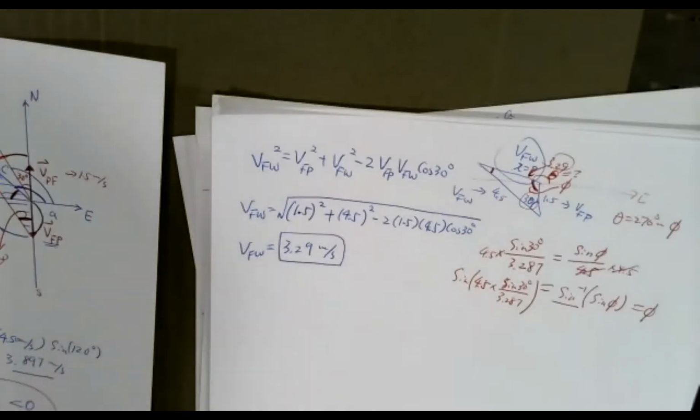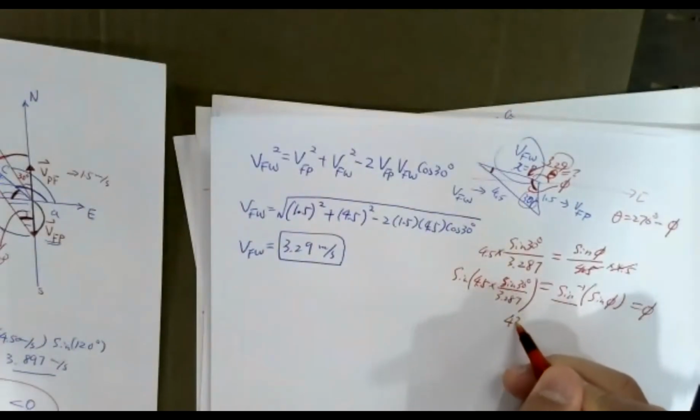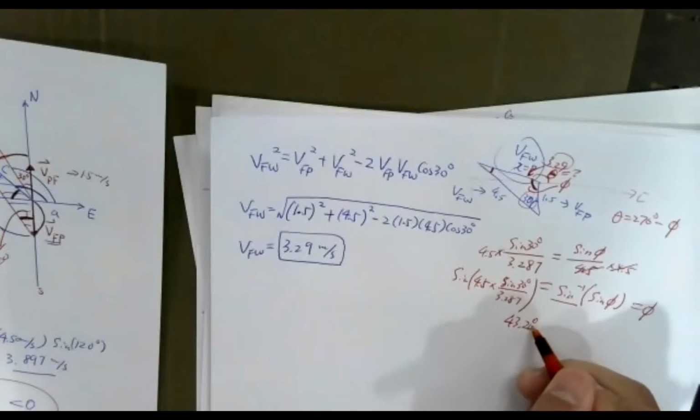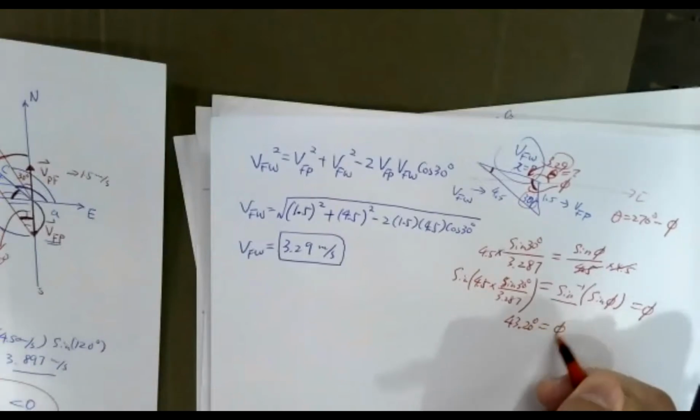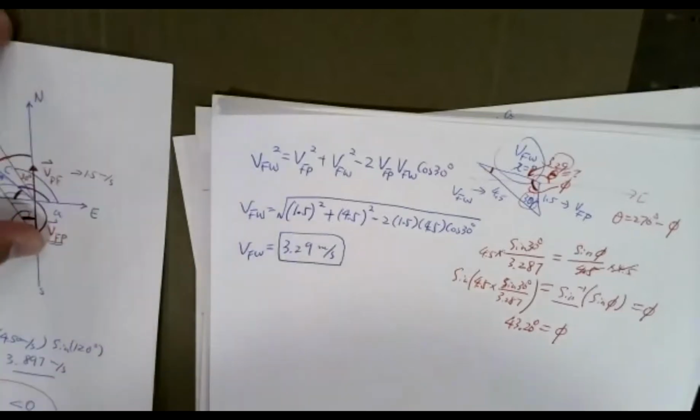All right, so now if I do this in my calculator, it's going to tell me this is 43.2 degrees, or 43.20 degrees, all right? Now you see, this is probably not consistent with what the graph shows.